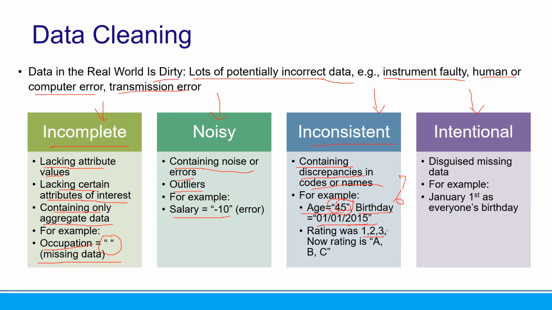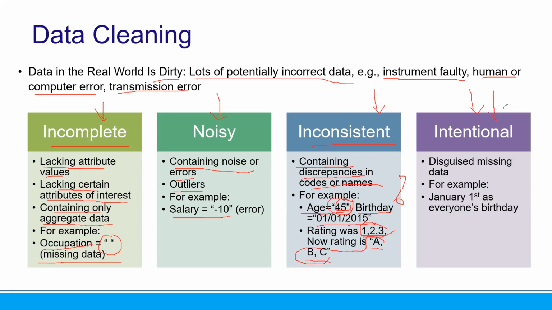So you change the value. It's better to say A, B, C. A is good, B is normal, and C is bad. But when you change from 1, 2, 3 to A, B, C, it is inconsistent because they are different. So this kind of inconsistency in the data can happen, and you need to do something about it.